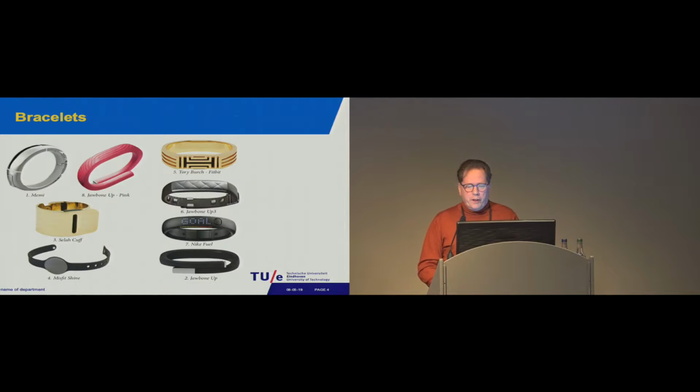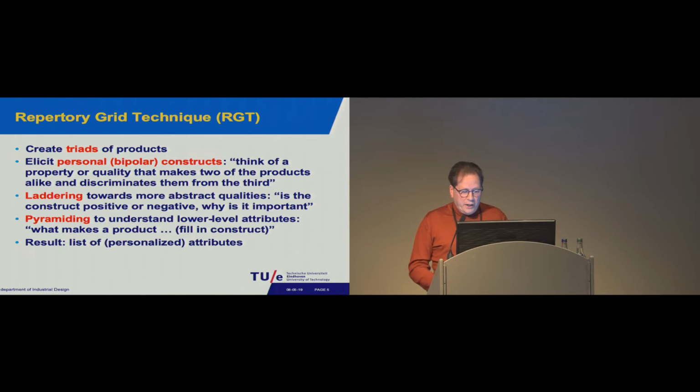She picked 8 representative products out of the market and was wondering whether the design space is covered with this, or whether there are interesting opportunities for designing within this space. She used a method that probably a lot of you know, the repertory grid technique.